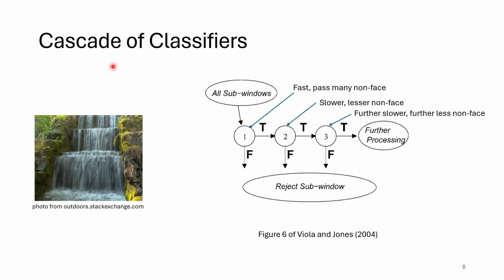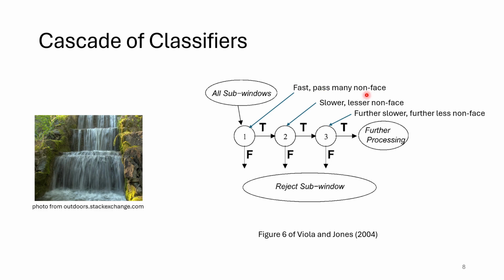And why is it called cascade? Because they designed several classifiers. Each of the 1, 2, 3, all of them are individual classifiers. So what is their property? The first classifier is the fastest one. It needs only a little computational load, but it will pass many non-face patches.